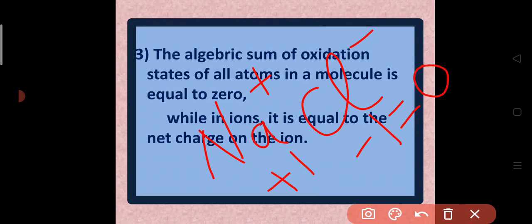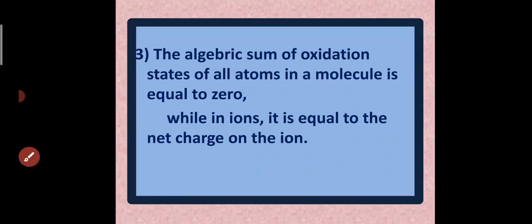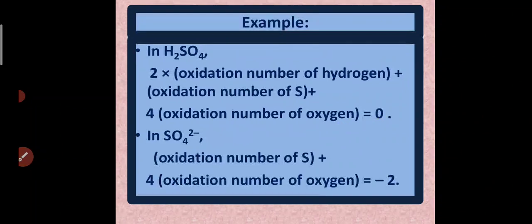So the algebraic sum of the oxidation states of all atoms in a molecule is 0, while for an ion it is the net charge of that ion. Altogether it should be 0.